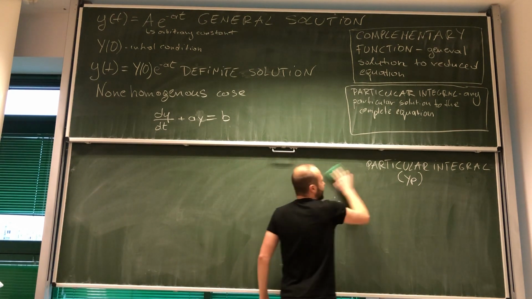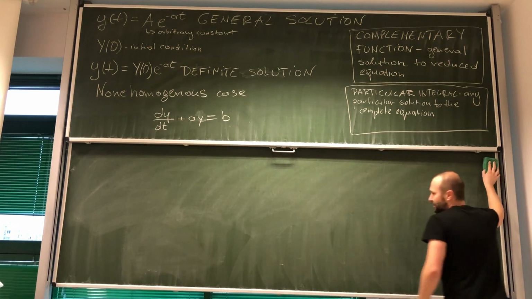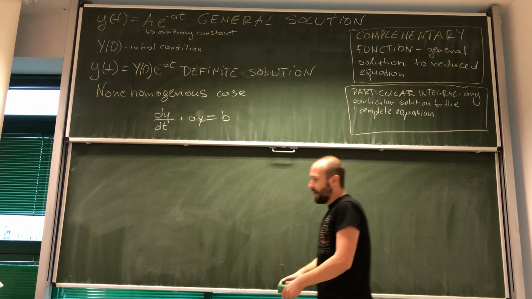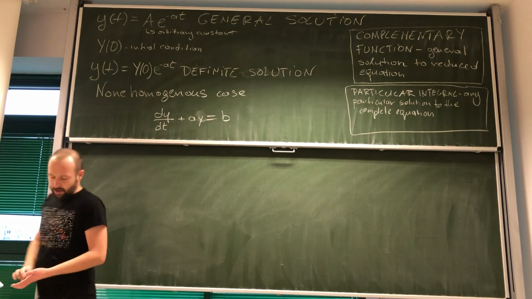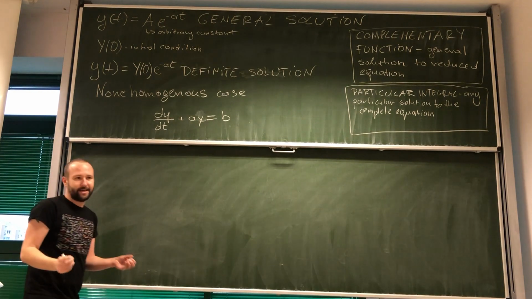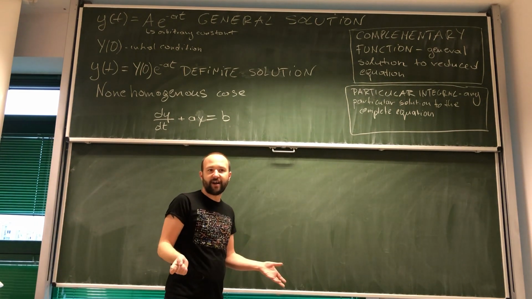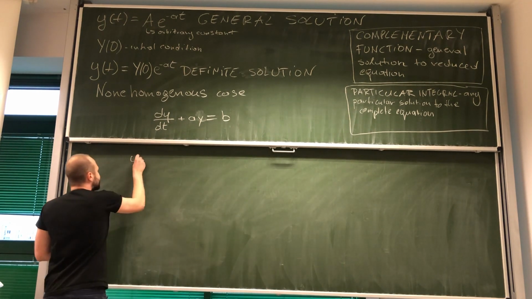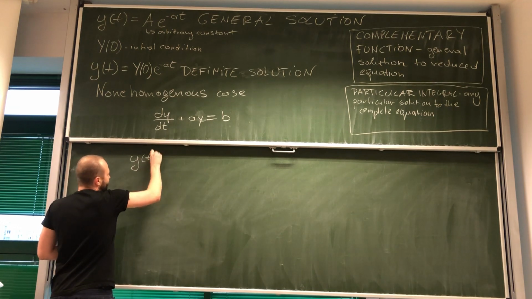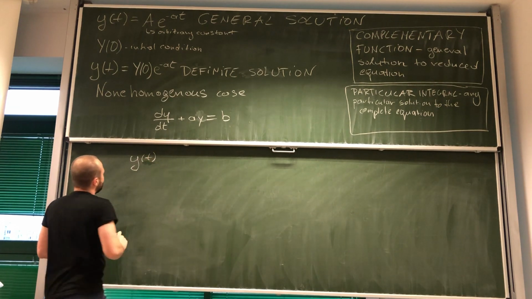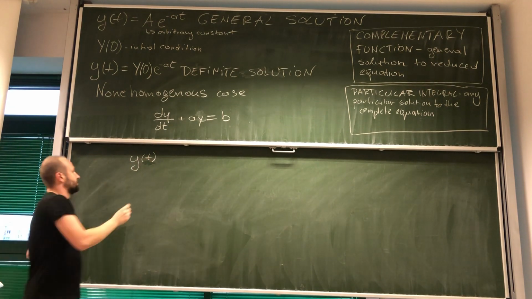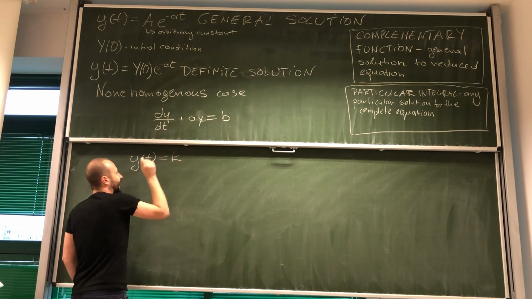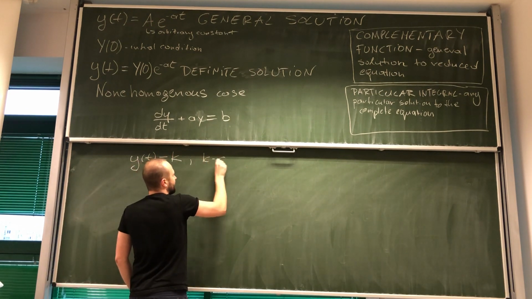We should try the easiest solution that we can find. And this is what we're gonna do. What is the easiest solution we can find? Of course, it's a constant, right? So we would assume, and we would consider this case, that y of t is equal to k, where k is a constant.